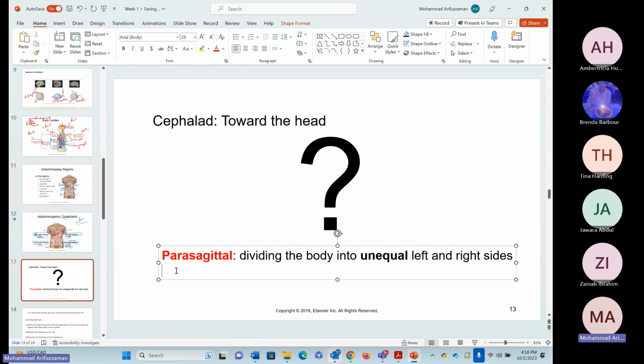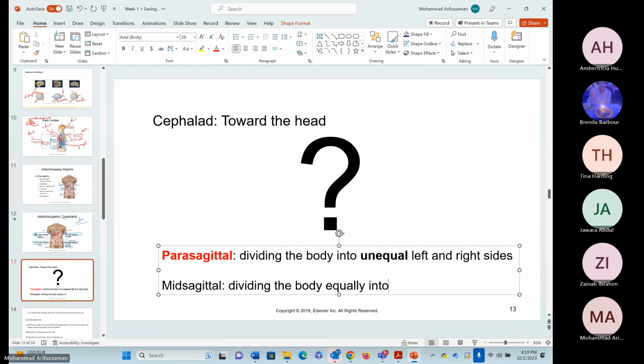Now, I think it will be clear if I write the midsagittal. What is midsagittal? Equal left and right, dividing the body equally into left and right sides.